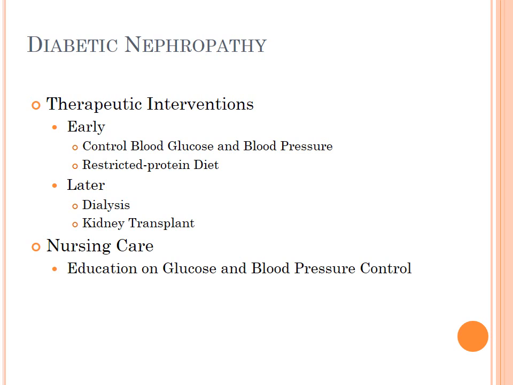Later on, a person may require dialysis or be on the list for a kidney transplant because of the decrease in kidney function. So our nursing care includes education on the importance of controlling blood glucose, as well as blood pressure control, to prevent worsening of the condition, the disease of the kidney, from diabetes.